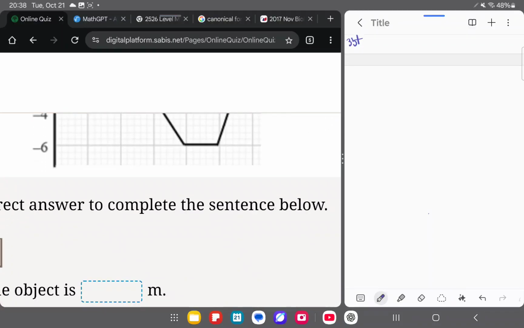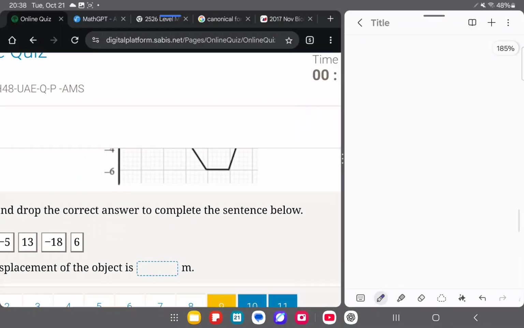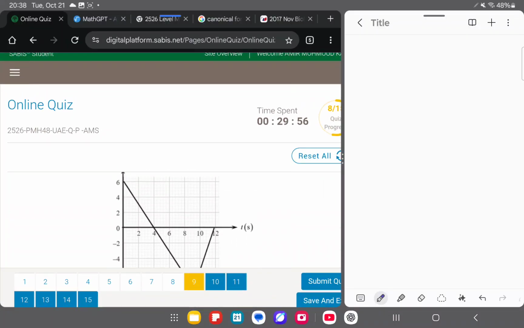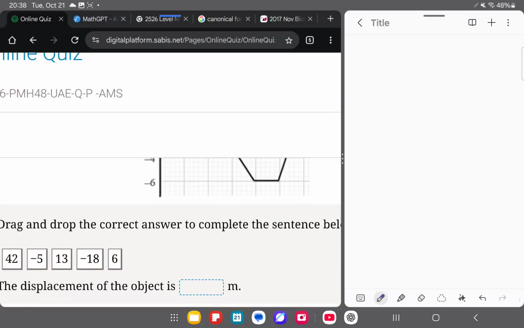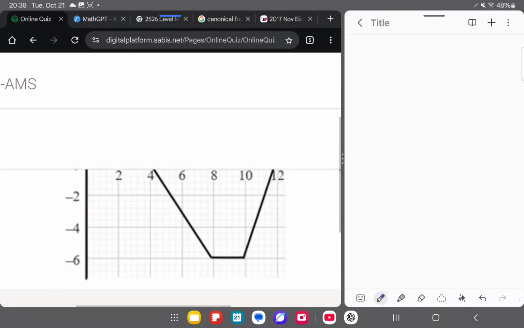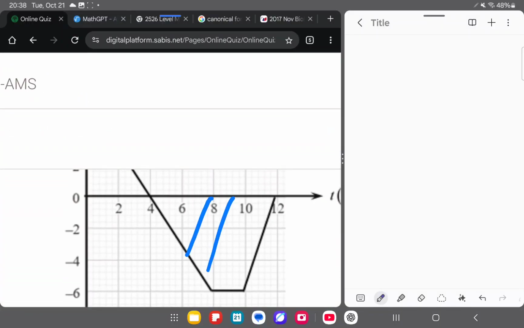Normally in simple geometry, area cannot be negative, but this is an exception. So we have to count this area over here as negative. This one here is less than 0.